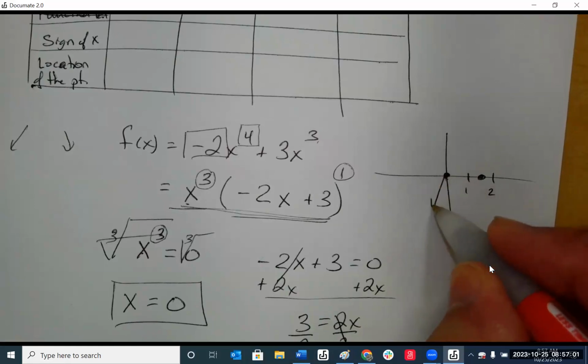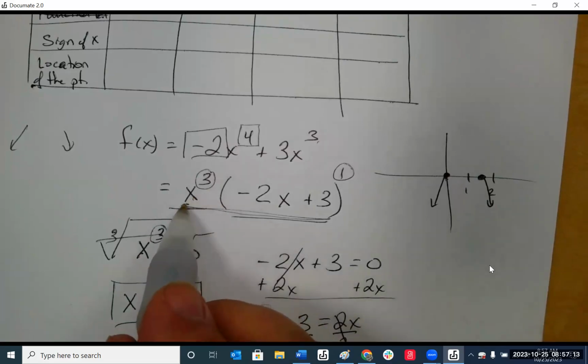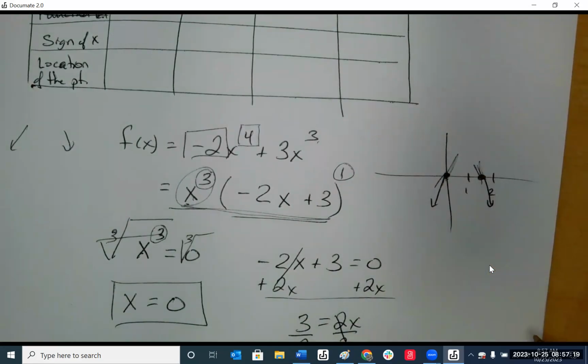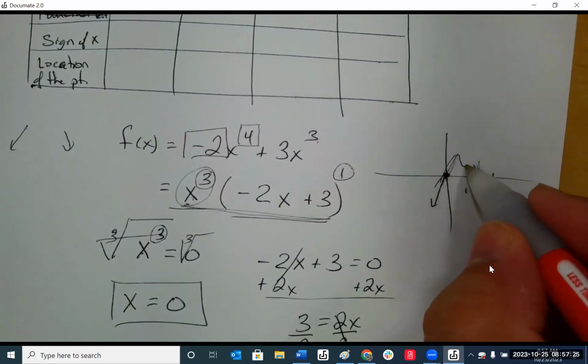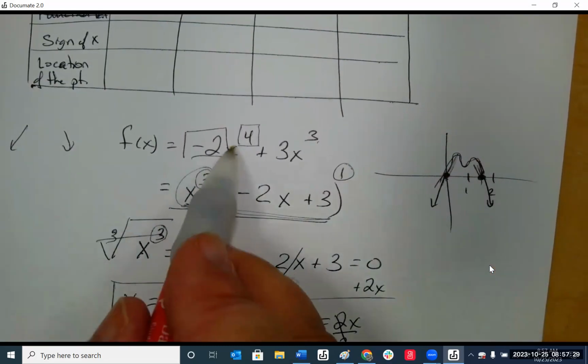So from here and here, the graph will point down. And since we know it crosses at those points, what's going to happen up here is something like this, because it's a fourth order equation.